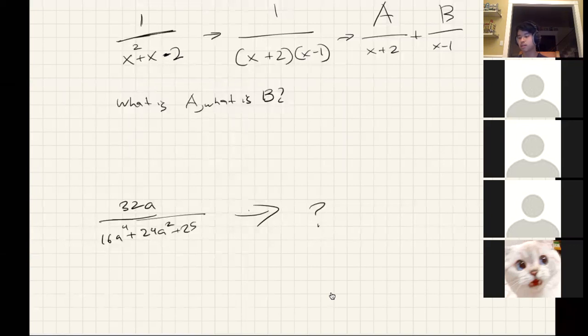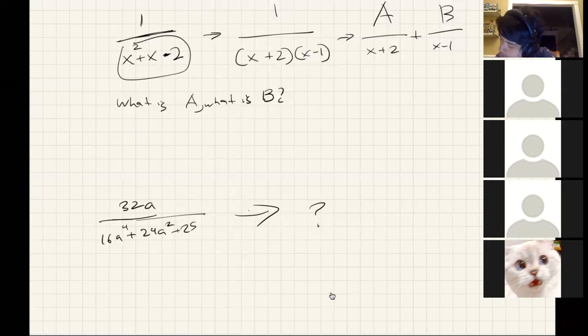In this case, it's obvious we can factor this polynomial as x plus 2 times x minus 1. So we want to represent it as a over x plus 2 for some constant a, plus b over x minus 1 for some constant b.